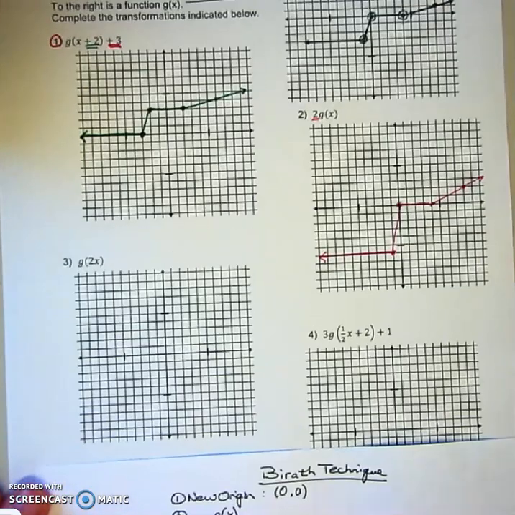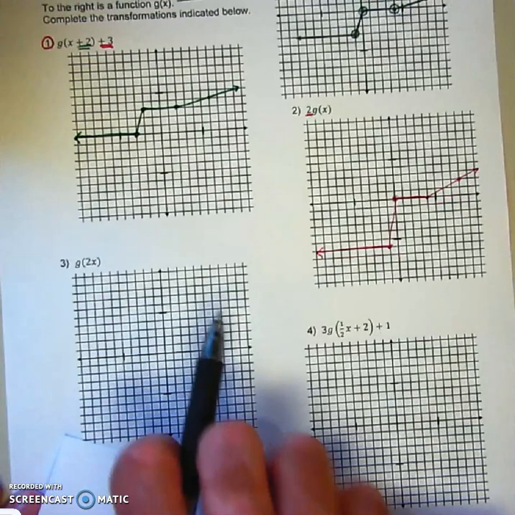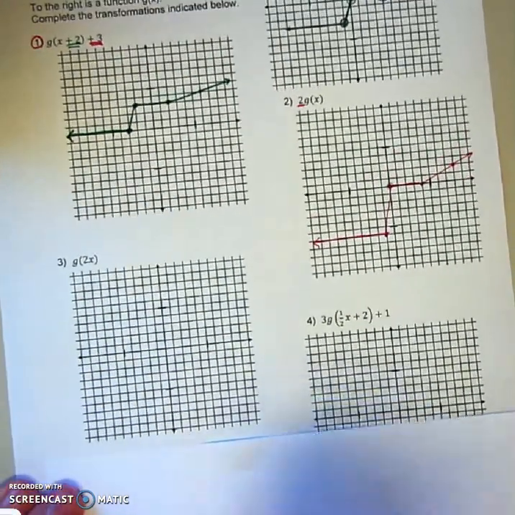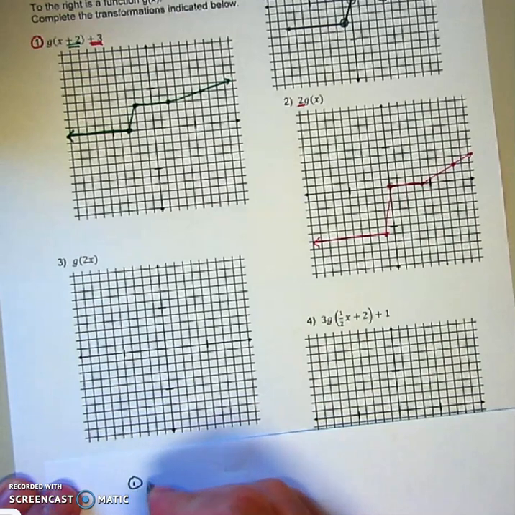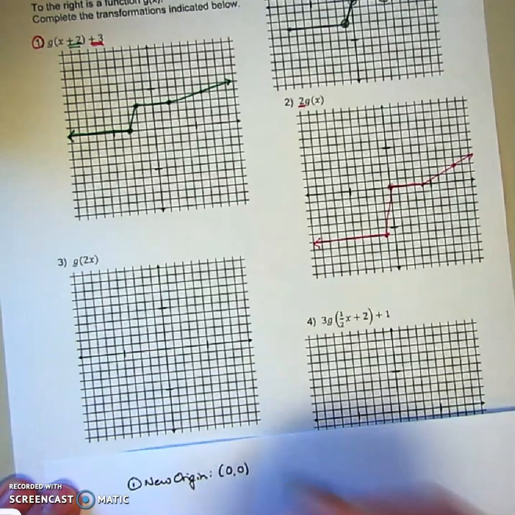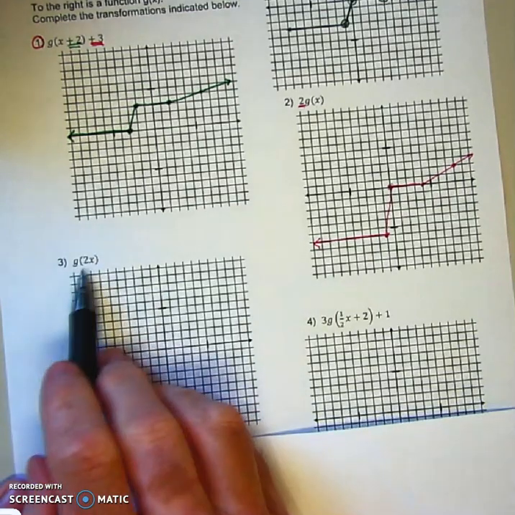Now let's do number 3. So number 3, again, using the technique, we know our new origin is still 0, 0. That hasn't changed. There's no shifting going on here.